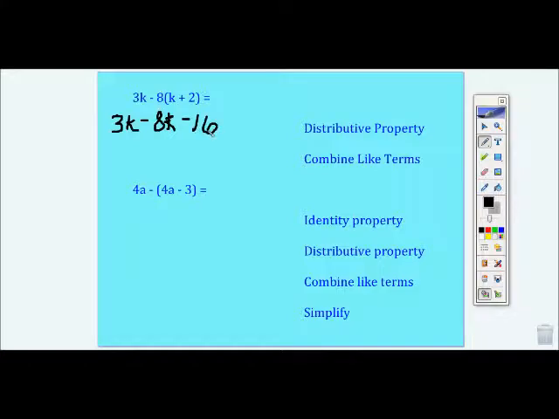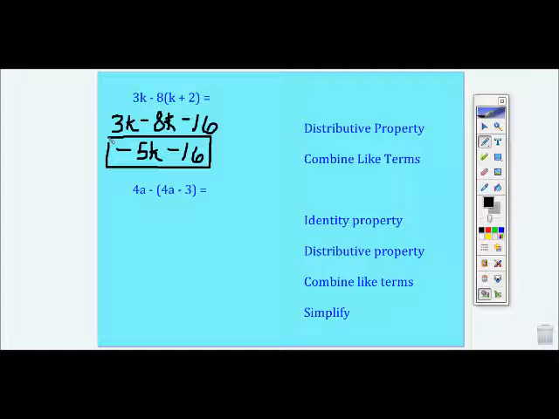Now I can combine like terms. I don't have to change order here. They're right in that order. So 3k plus a negative 8k would give me negative 5k. Sorry, I didn't say that correctly. And then my only constant term is negative 16. So this is now the simplified expression.